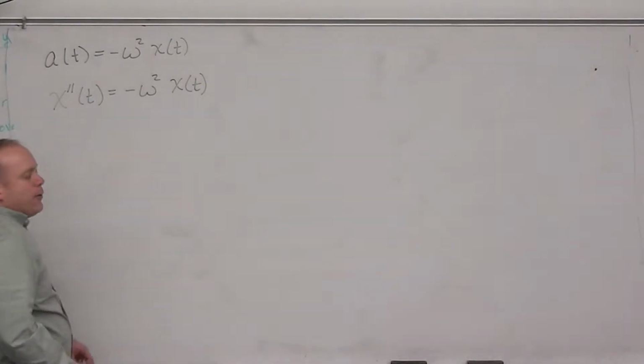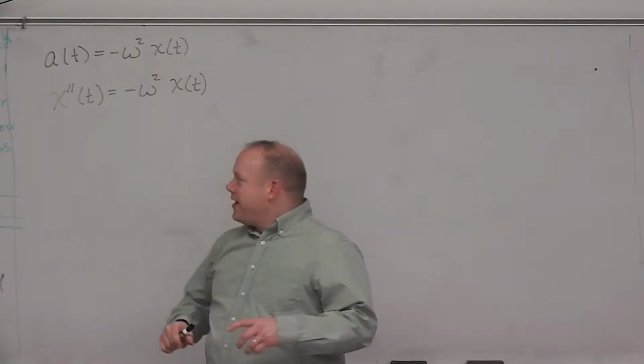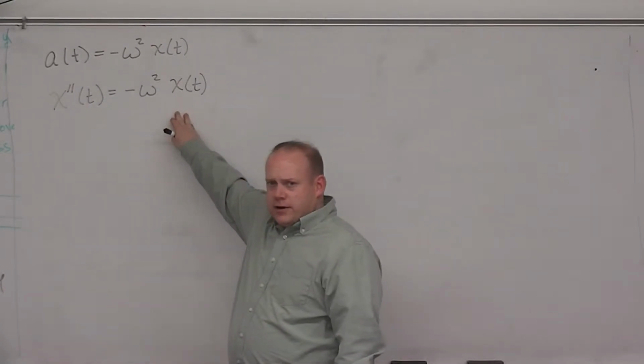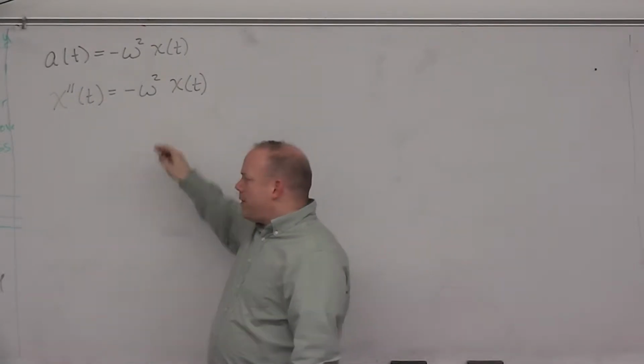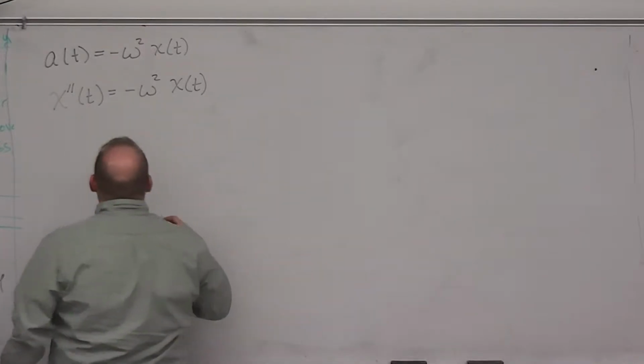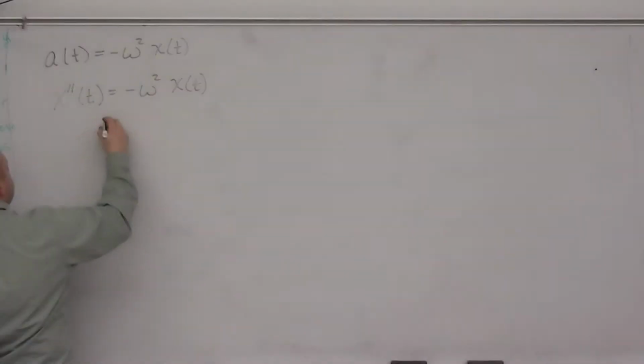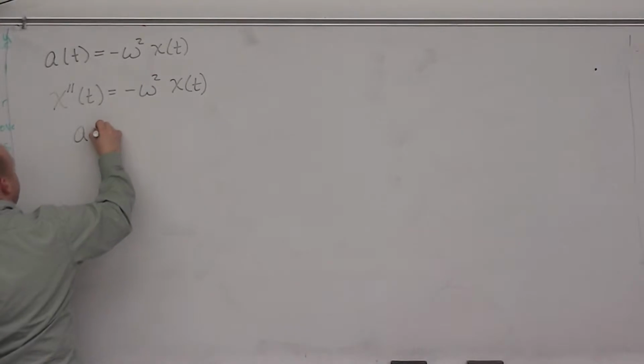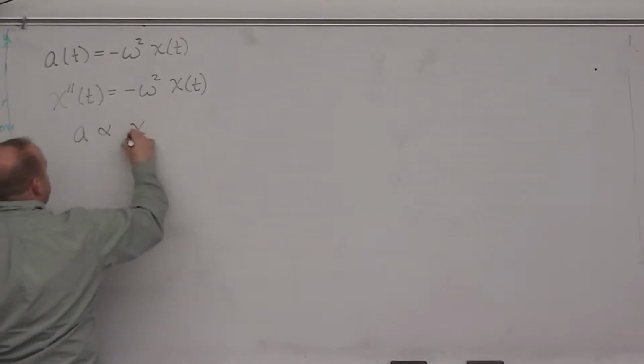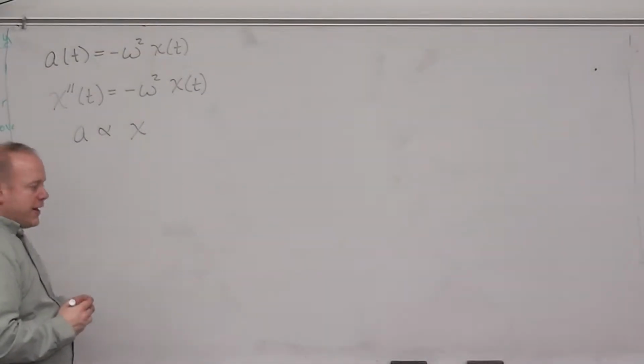Now, there's a couple things that we have to go through on this. This is the fundamental equation of simple harmonic motion. First, we have the fact that the acceleration is proportional to the position. That's number one.